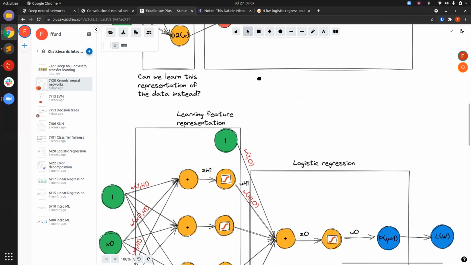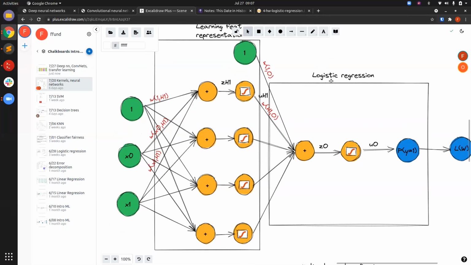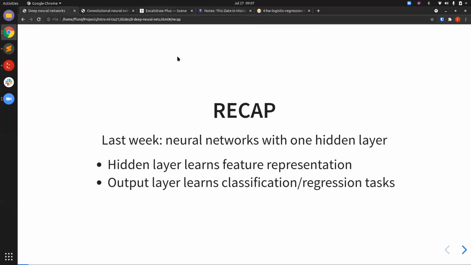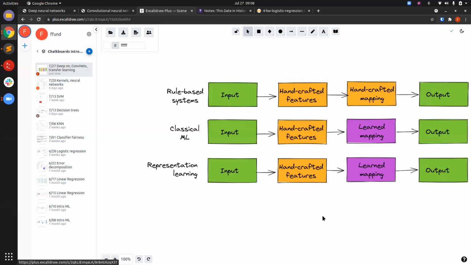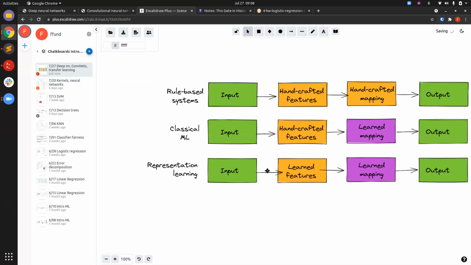The early layers of the network, or the hidden units, learn a representation of the feature that's more amenable to classification or regression. The last part of the neural network does the mapping from feature values to class or to continuous value. So now we have learned features.